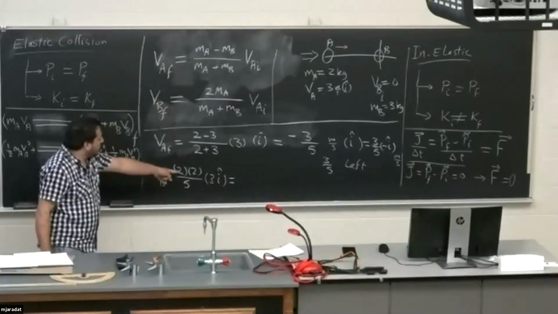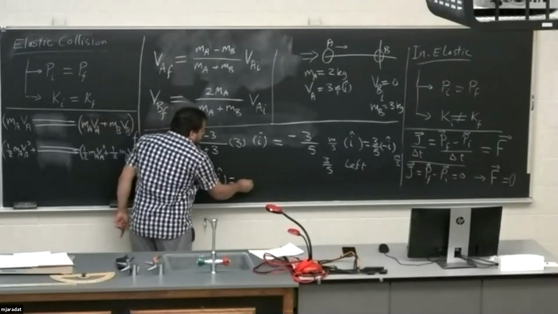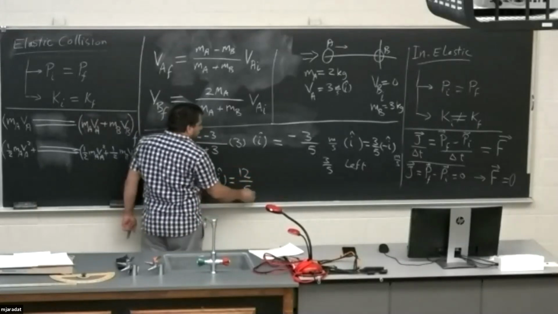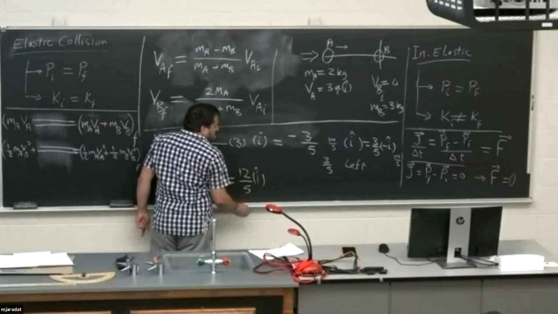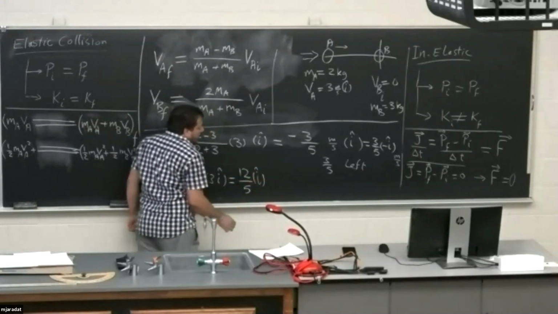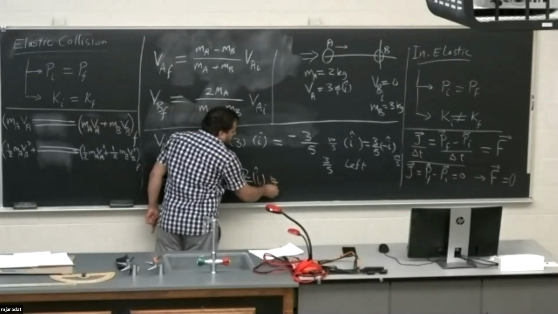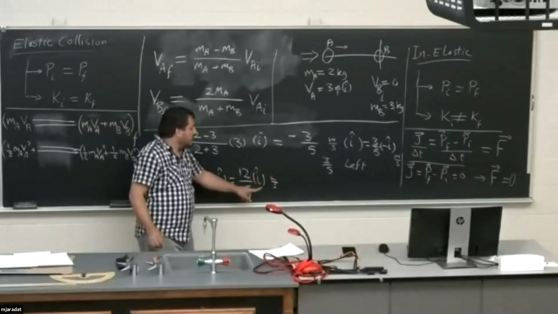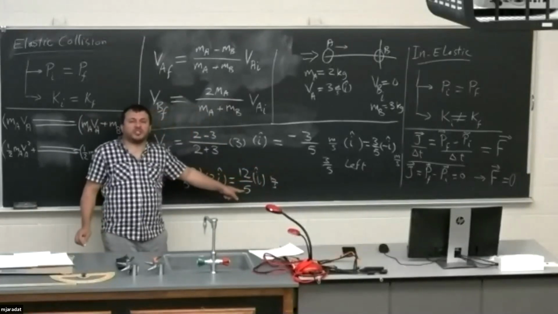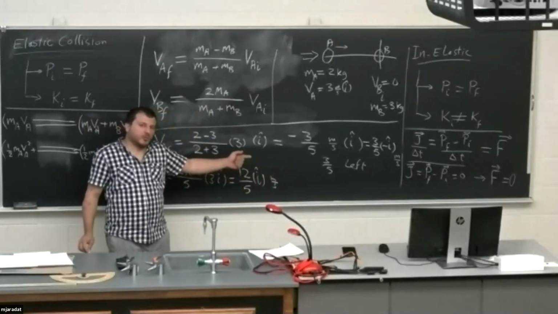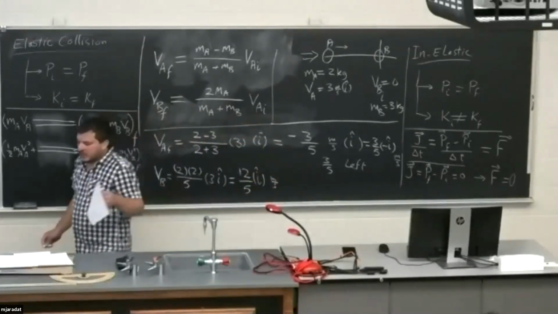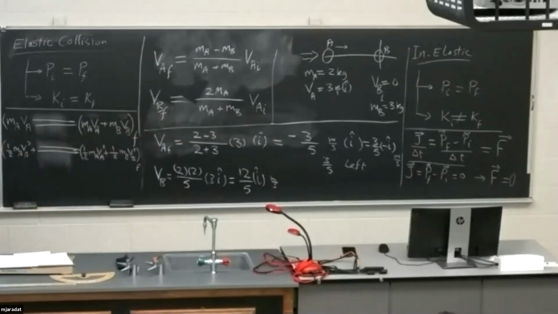It is 12 over 5 meters per second. Just tell me the positive x direction. It is not a vector, this is just information to tell me the motion of ball B after the collision is in the positive x direction. Any question about this?